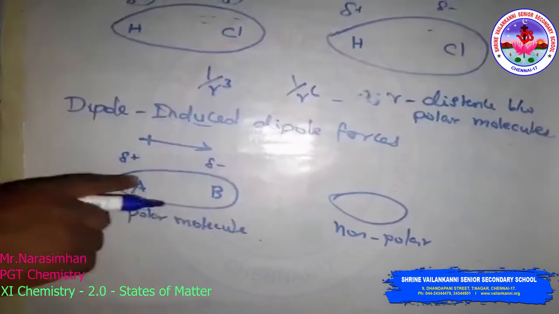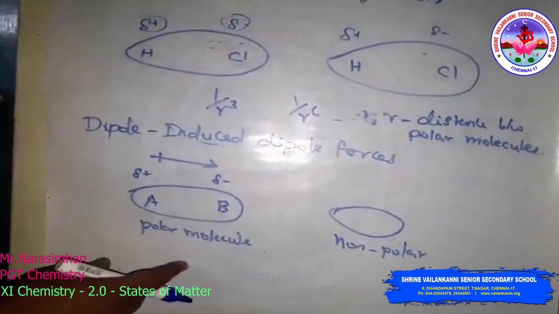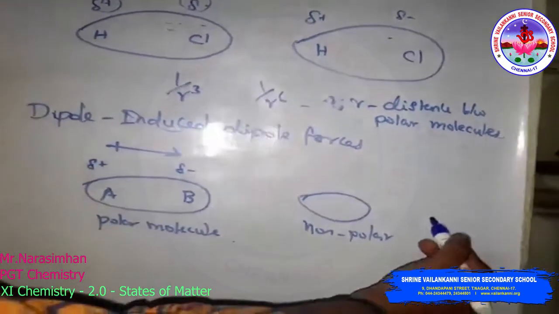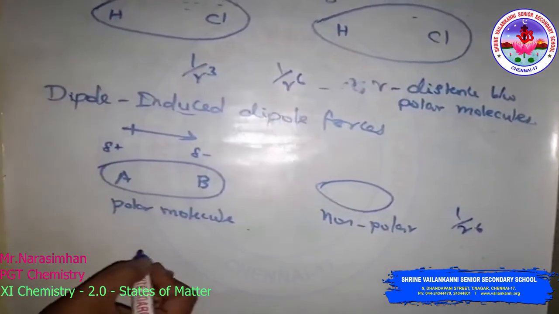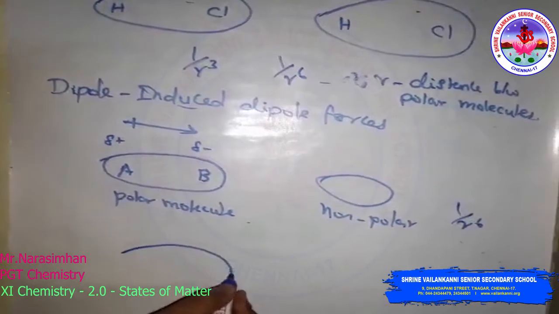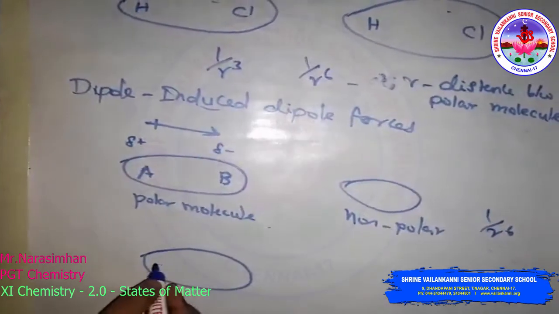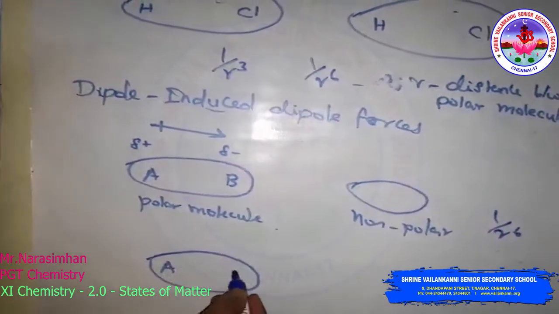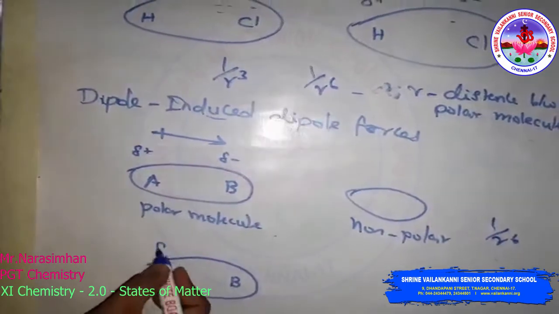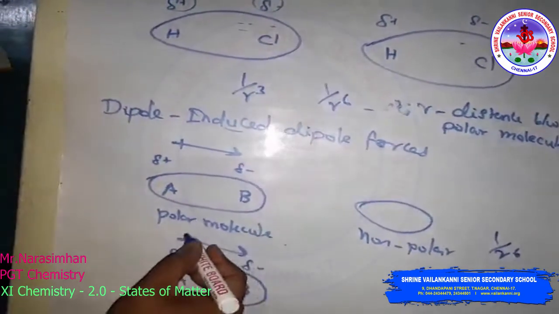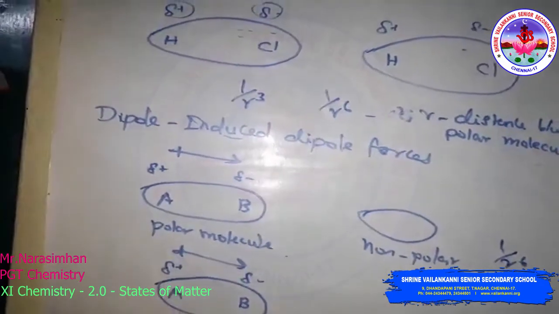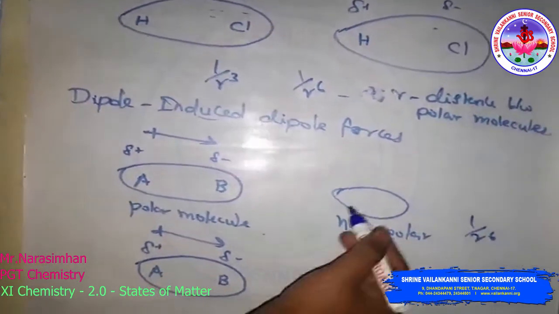In this case, the interaction energy is proportional to 1 by r power 6. Here, the permanent dipole with a polar molecule, for example, A, B. In this case, delta positive, delta negative, and this is the permanent dipole. Here, this is a non-polar molecule.